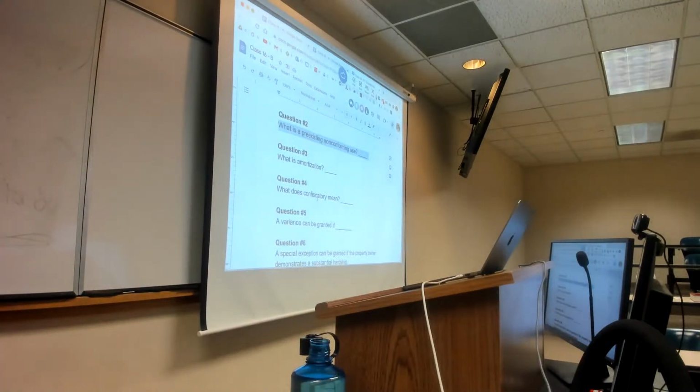A pre-existing non-conforming use. Now, let's break that down. What does pre-existing mean? It refers to some construction that existed before, that is prior to, a zoning ordinance. Zoning laws are changed all the time. And when there's a new zoning law, it's not required that everything must come into compliance right away. Some uses pre-existed the zoning ordinance, and they can remain, at least for some time. We'll talk about that in a few moments.